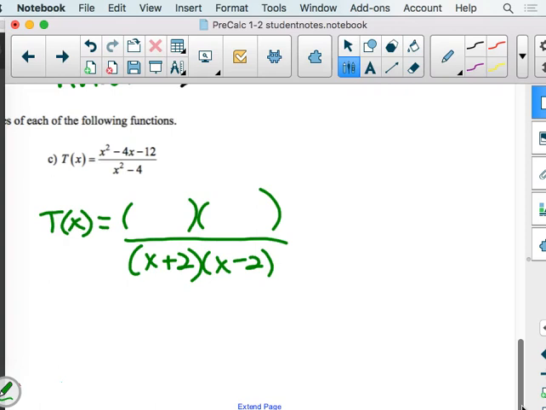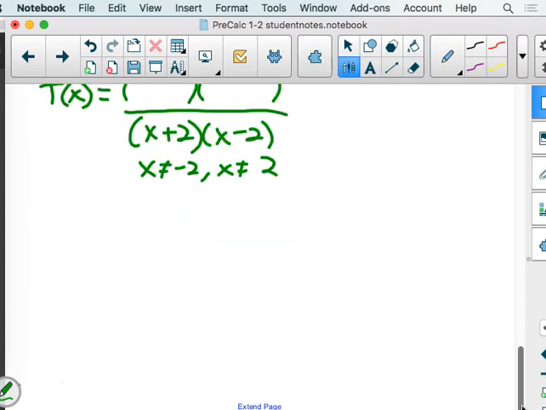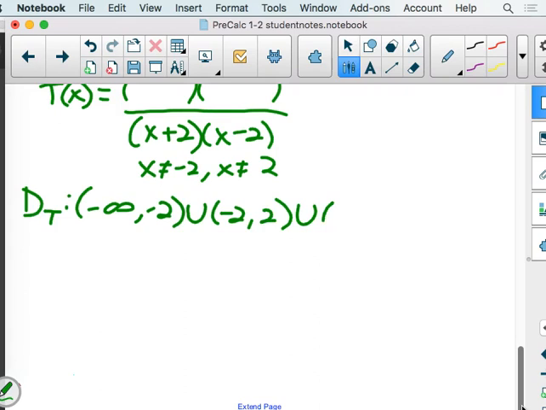So with this one, what two numbers are out? Positive and negative 2. All right, so our domain of t is going to be from negative infinity to negative 2. We're going to have to jump over it. Negative 2 to 2. Jump over it. And go on.